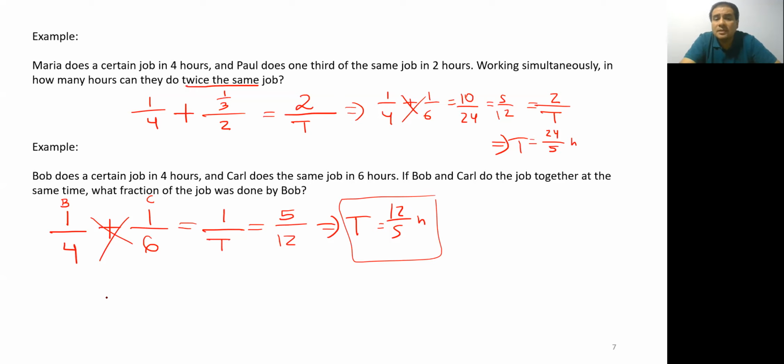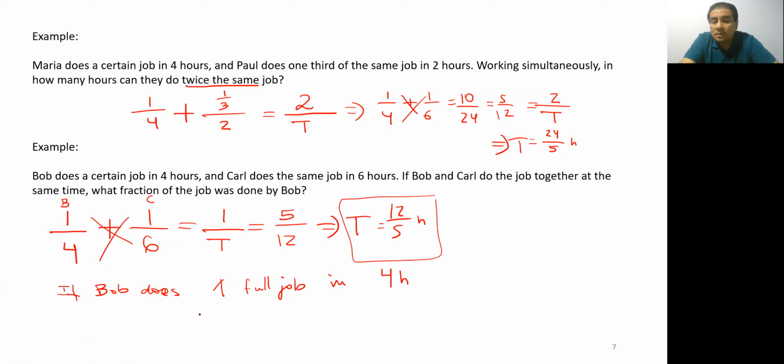You can say, okay, if Bob does one full job in... oh, sorry, it's not 12 over 5 hours, in 4 hours is what the problem says. He does one full job all along in 4 hours.